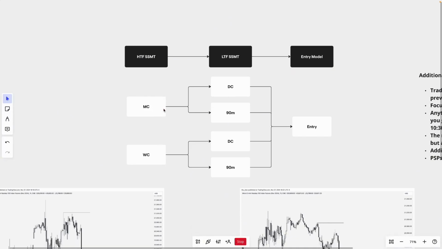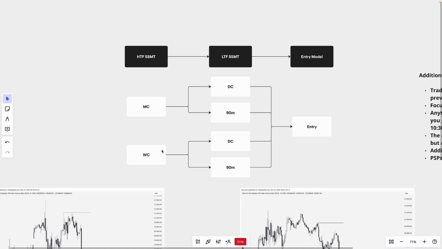In terms of what counts as a higher time frame sequential SMT, we will be using the monthly cycle or the weekly cycle. And so remember, we use the 4-hour time frame for the monthly cycle and the 1-hour time frame for the weekly cycle. Following that, we can either have a daily cycle or 90-minute cycle sequential SMT to confirm the higher time frame sequential SMT.